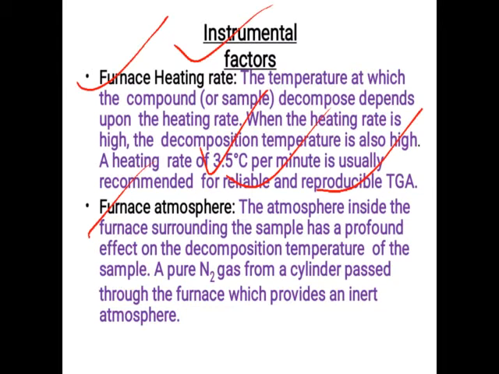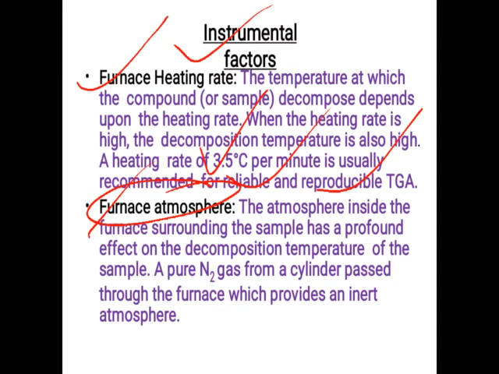Then the second factor is the furnace atmosphere. Inside the furnace, if air or oxygen is present, they are not inert. If they are present, they can interfere with the sample.